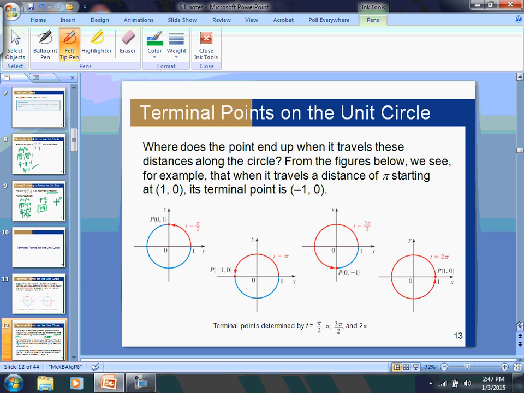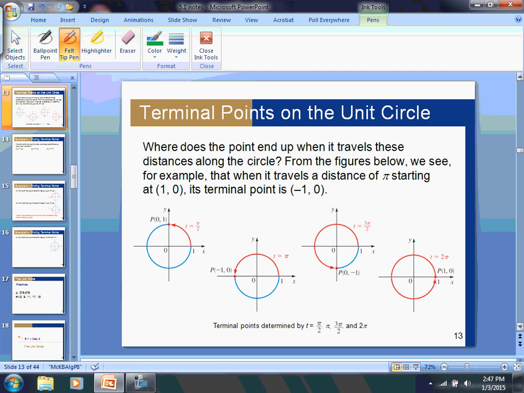So they illustrate that in these diagrams here. If you're moving a distance of pi over 2, you're going to end at the terminal point 0, 1. If you move a distance of pi, you're going to end at the terminal point negative 1, 0. 3 pi over 2 would be 0, negative 1.